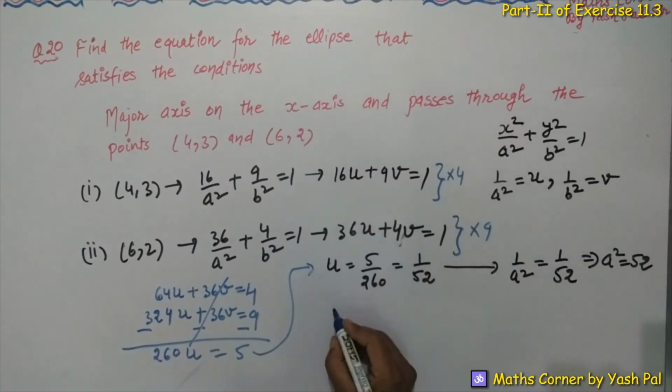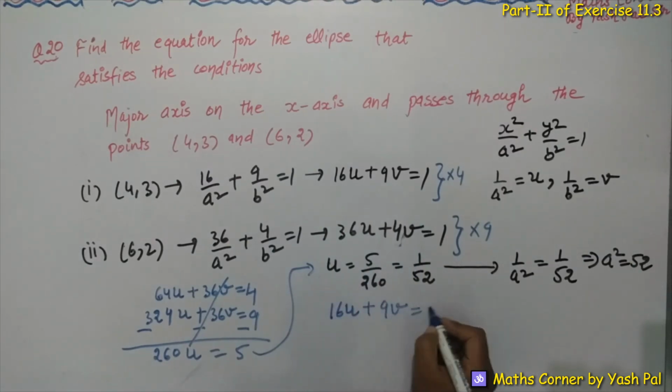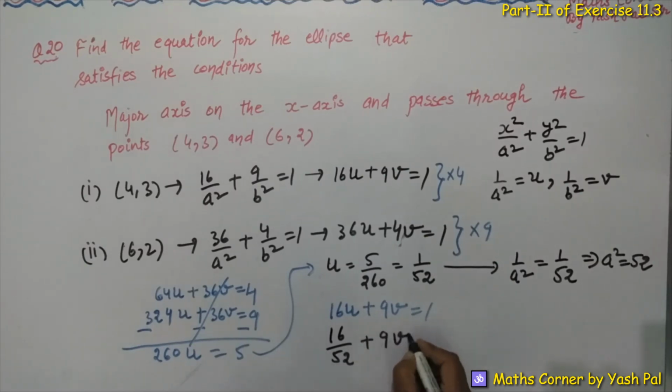Suppose this is the first equation, 16u plus 9v is equal to 1. So here we substitute the value of u. 16 upon 52 plus 9v is equal to 1. So this becomes 8 into 2, 16, and this is 26; 4 into 2, and this is 13.